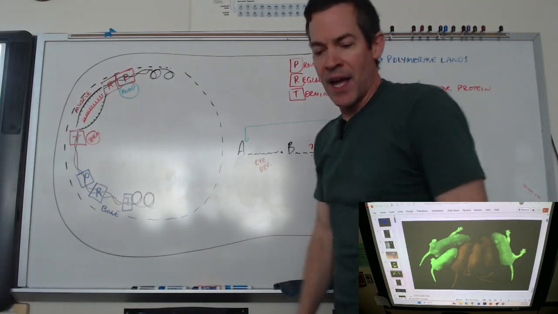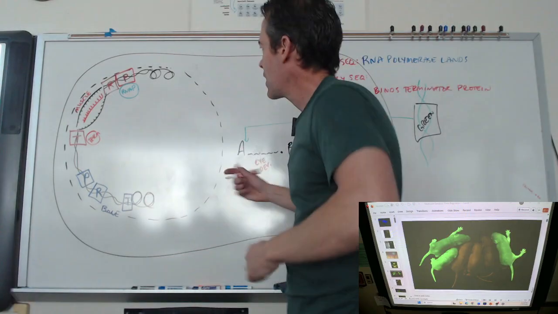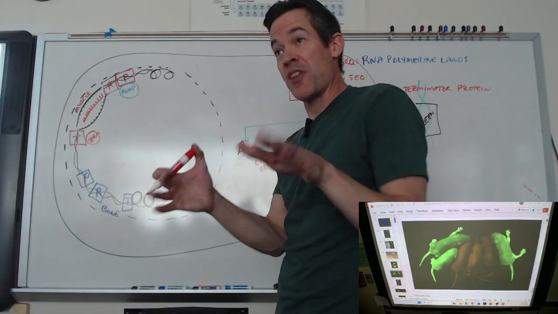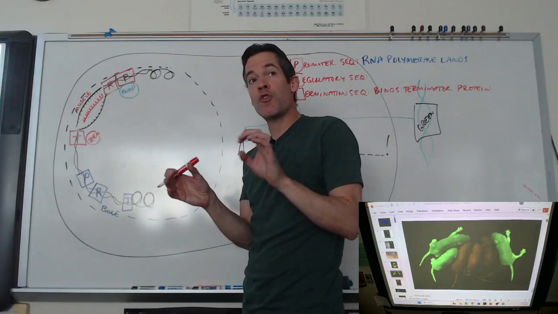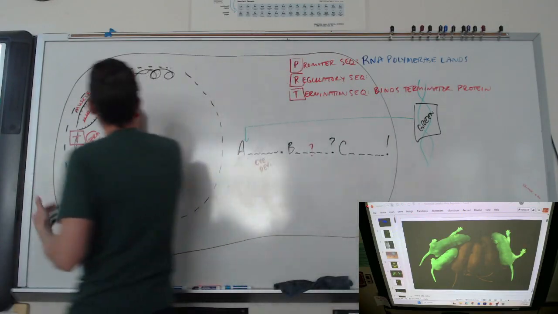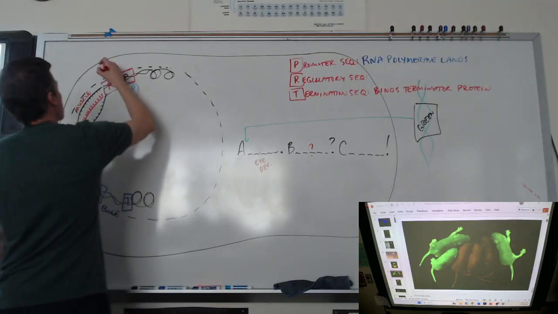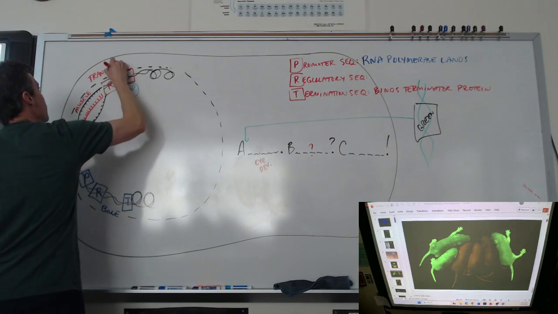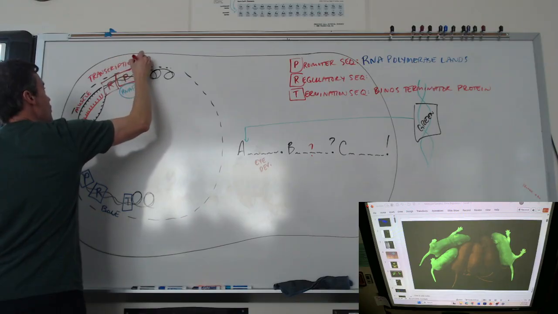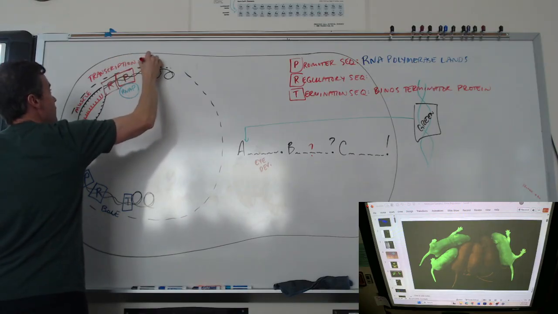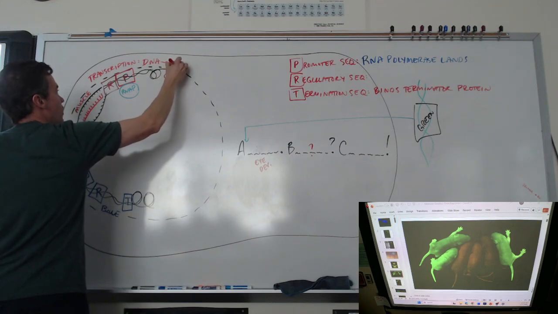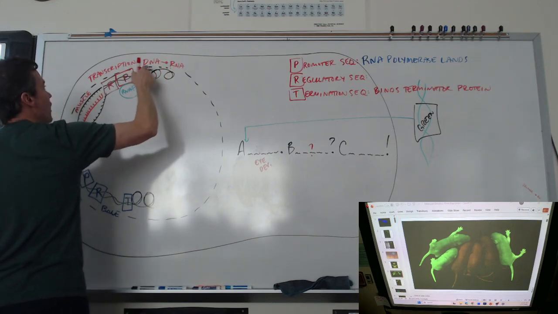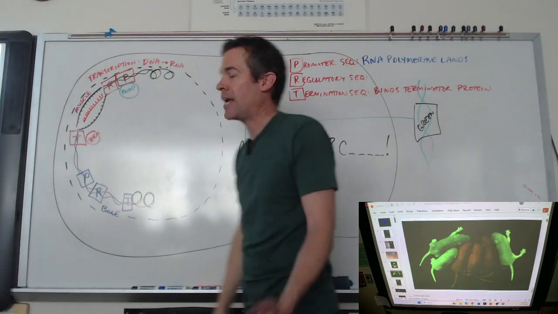All right, so I get this piece of RNA, and then don't draw this part yet, because I'm going to show you what you learned in Bio 1. What you learned in Bio 1 is we just did transcription. Your teacher will have something pretty much exactly like this. Transcription happens in the nucleus, and DNA is converted into RNA.